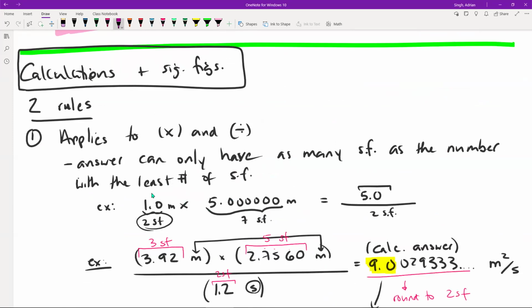This first one can only be estimated to, in this case, the tenths place with the 2 sig figs. So the final answer can only have 2 sig figs as well. The key thing here is you don't want to confuse your rules. Don't use one rule in one place when you should have used it in a different place, because that's maybe the most common place where students make that mistake.